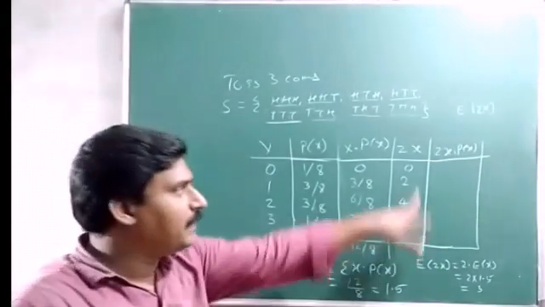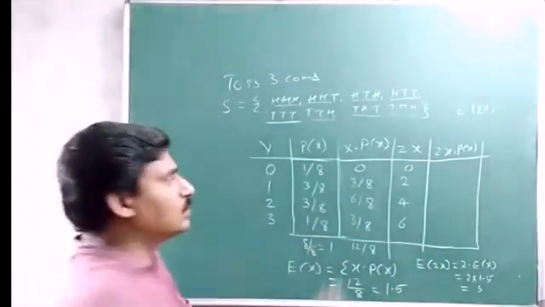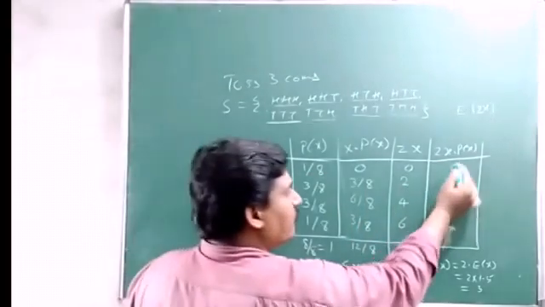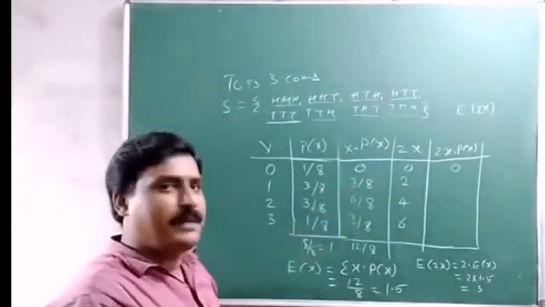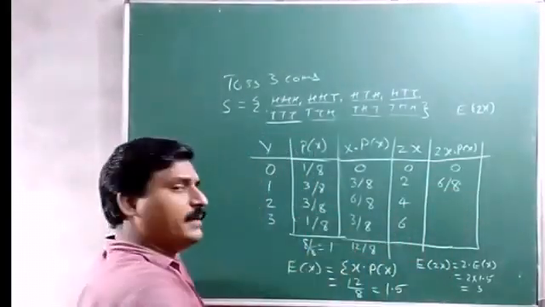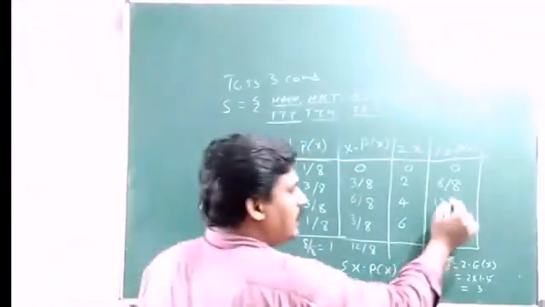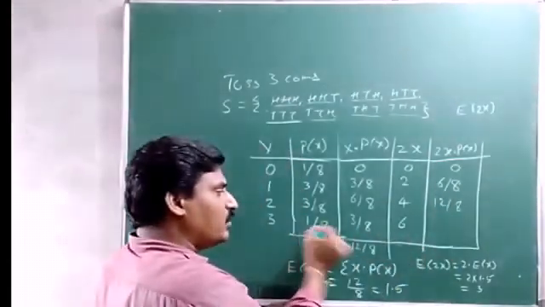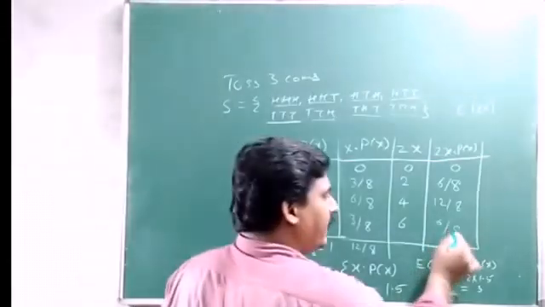Now multiply 2x with P of x. So 0 into 1 by 8 is 0. 2 into 3 by 8 is 6 divided by 8. 4 into 3 by 8 is 12 divided by 8. And 6 into 1 by 8 is 6 by 8.